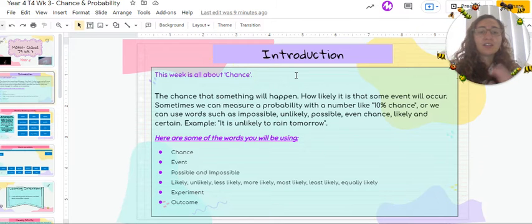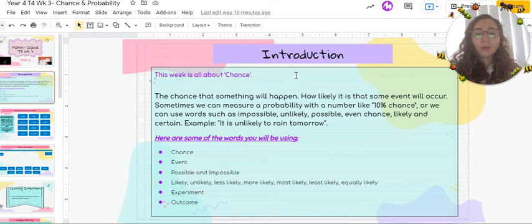Possible is about 20 to 45 percent. I would say more like 30 upwards. Even chance, as I said, is 50%. Likely would be from 51% to about 99%. And certain is definitely 100%.